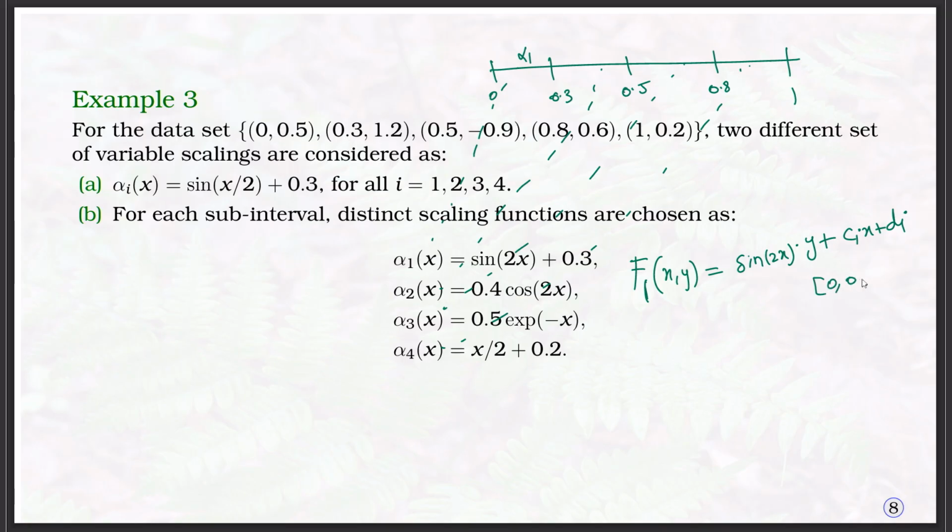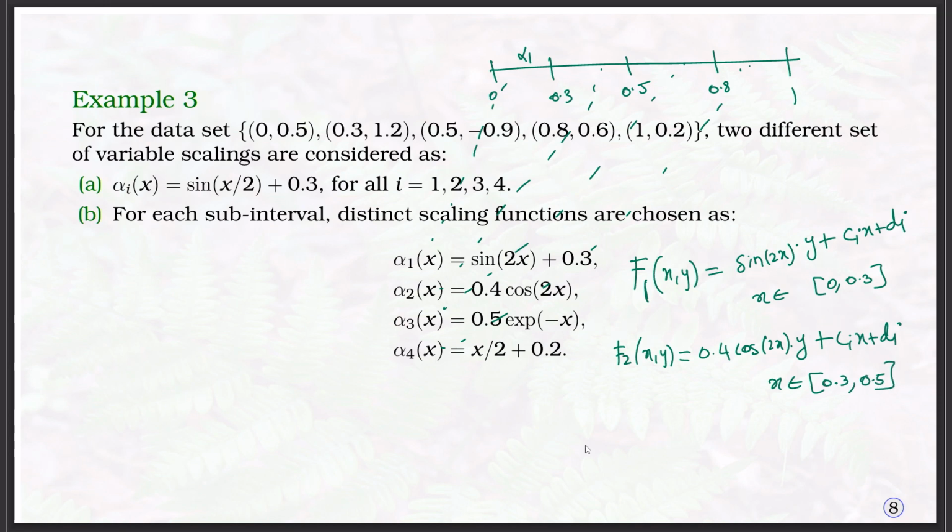In f2, the function is 0.4 cos 2x times y plus c2x plus d2, where x belongs to the interval 0.3 to 0.5.